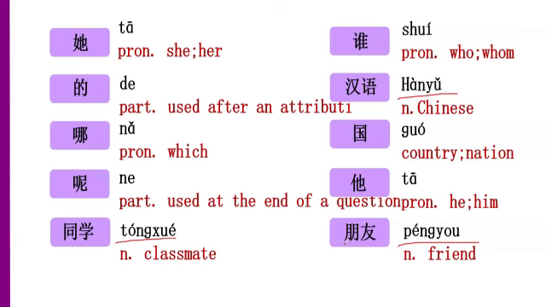So the last word is 朋友. The speed of your internet is slow.